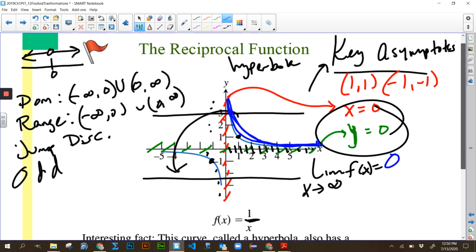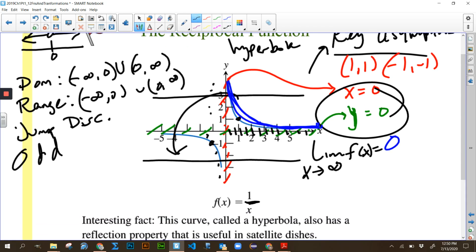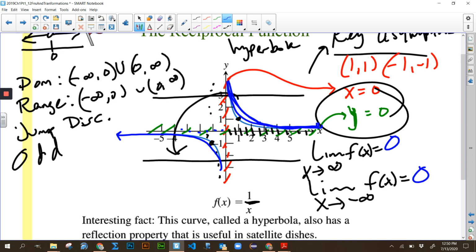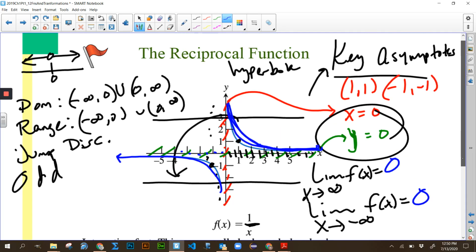So this is always as x approaches infinity, what is it getting closer to? And the next one is x approaches -infinity. So that's this one. As x gets smaller out here, that's going this way on the graph. And again, that graph is getting closer and closer to the axis, and the value at the axis is 0. So that is the end behavior of the hyperbola or reciprocal functions.